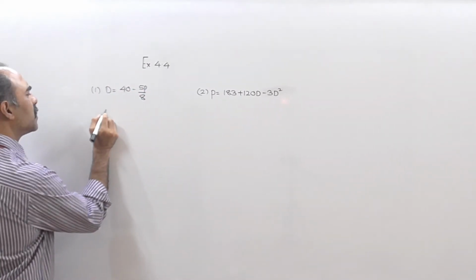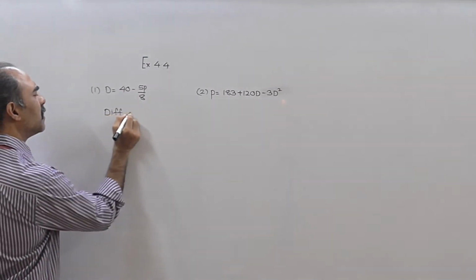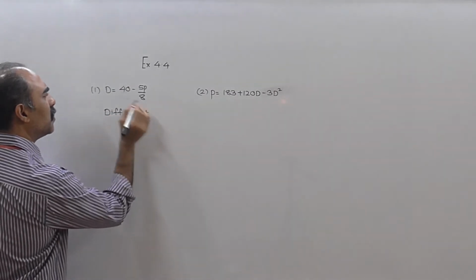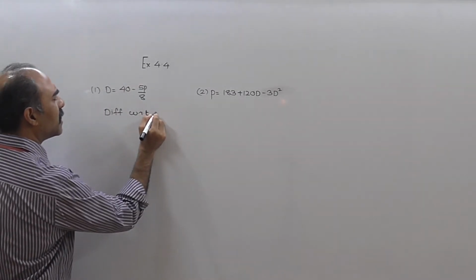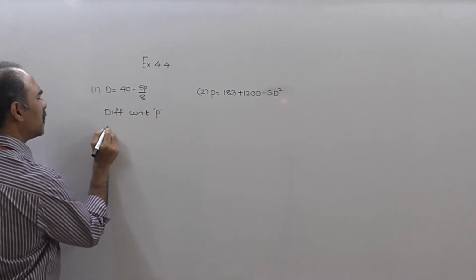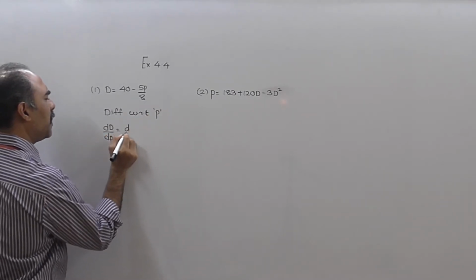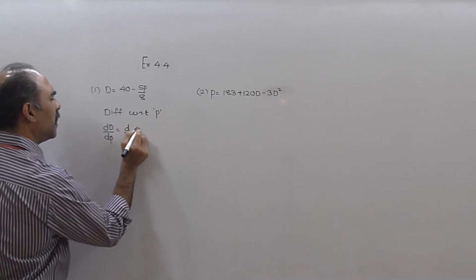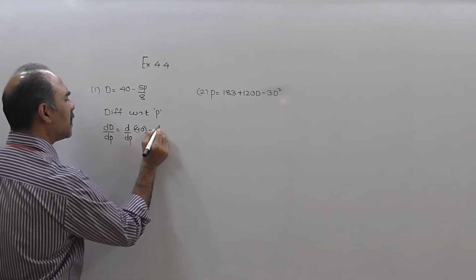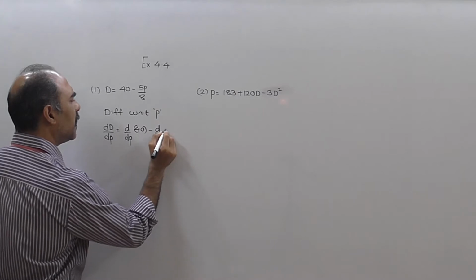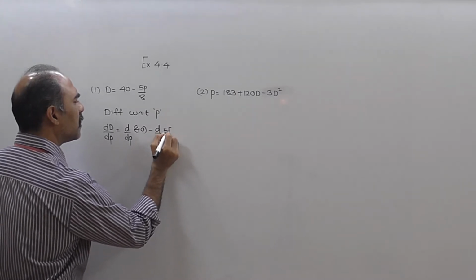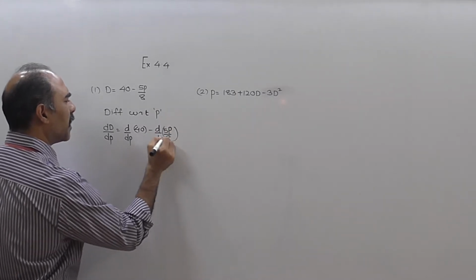So what I will do is, I will differentiate with respect to, what is the alphabet that you can see on the right hand side? P, which is the price. So I get dD upon dp equal to d by dp of 40 minus d by dp of 5p upon 8.